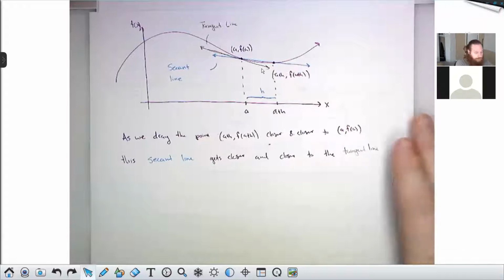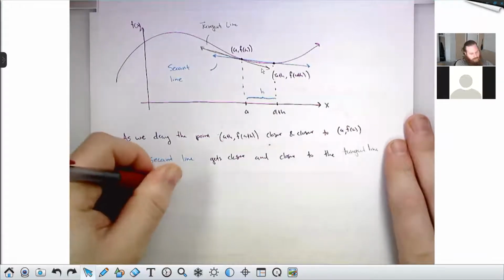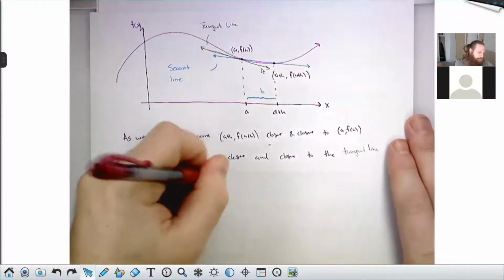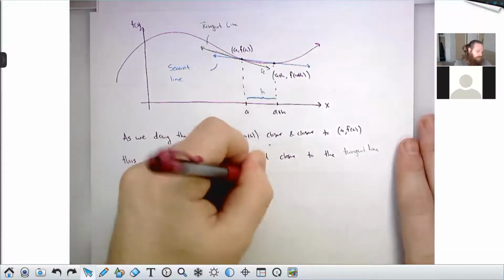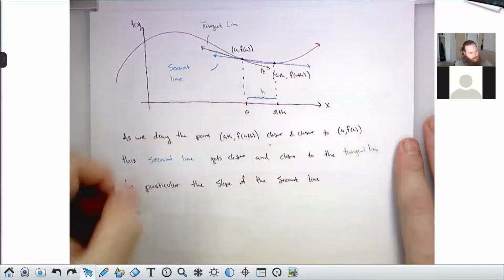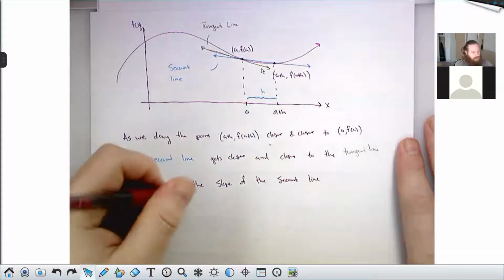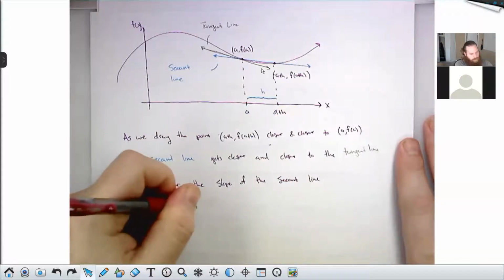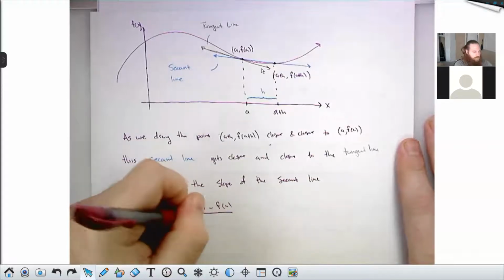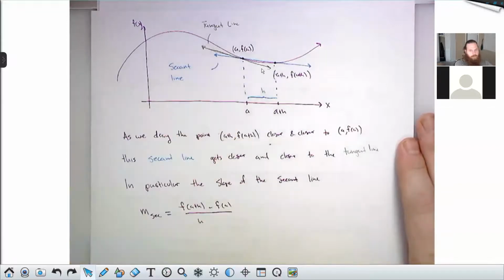In particular, the slope of the secant line, which I'll write as m secant, or m sec, is f of a plus h minus f of a all over h. I'm taking the y2 minus y1 over x2 minus x1.